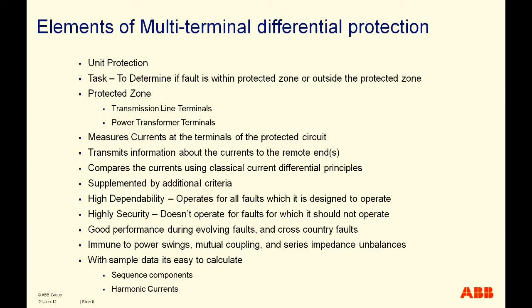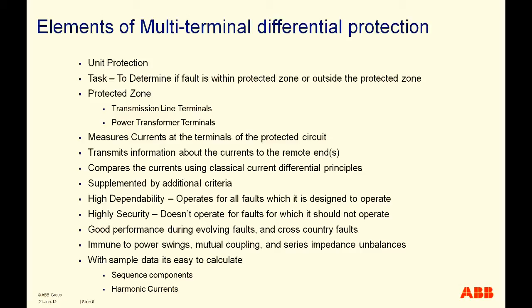What it essentially does is measure the currents at the terminals of the protected circuit, and then transmit the information about the currents to the remote ends. If it is two line ends, then we have one remote end. If it is more than two, up to 5 line ends, our ABB line protection can handle that, so we'll have 4 other remote ends.